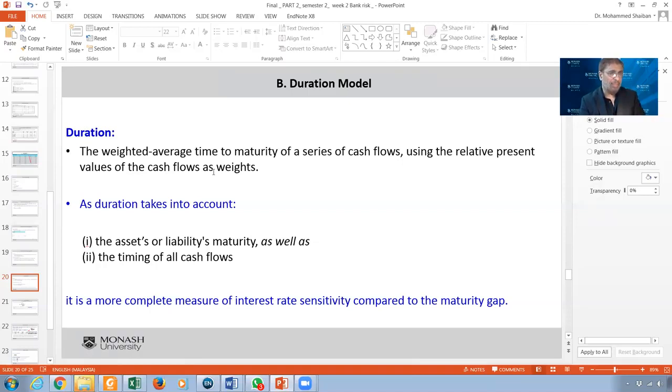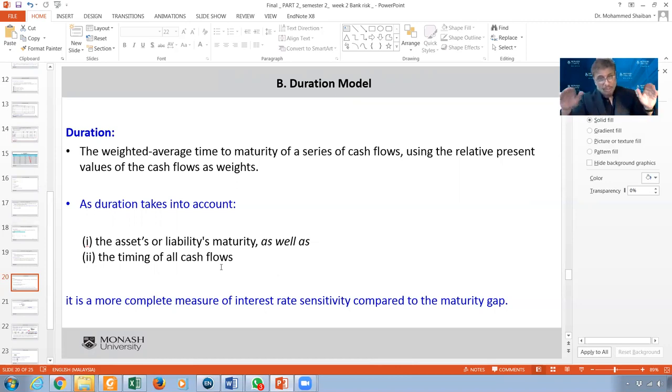Duration takes into consideration the asset or liability maturity, as well as the timing of the cash flow. Because now I need to put assets and liabilities in different maturities. If it is a loan of 3 years, I will put it as a loan of 3 years. But actually, if there is cash flow coming, it's not 3 years, it will be less than 3 years.